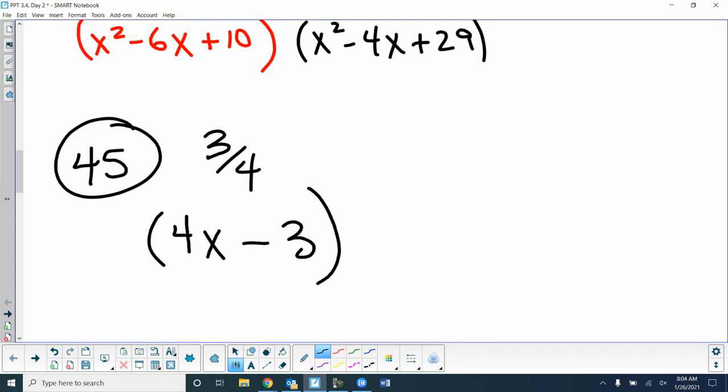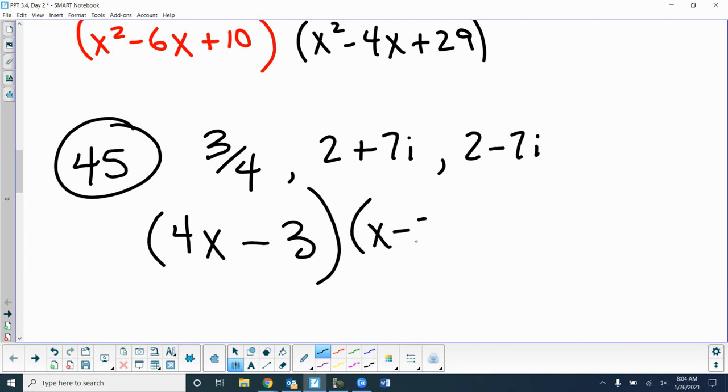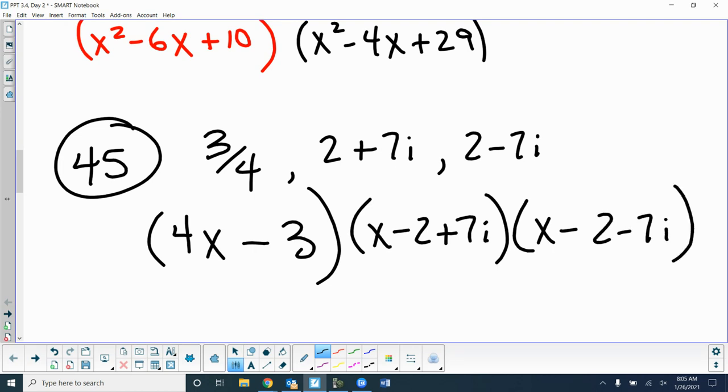So write it like that. Okay, the other two were 2 plus 7i and 2 minus 7i, so just put the x minus in front. Always start with x minus. And then don't change anything. That part, 2 plus 7i, 2 minus 7i, don't have to change anything. And then we just do the same thing.